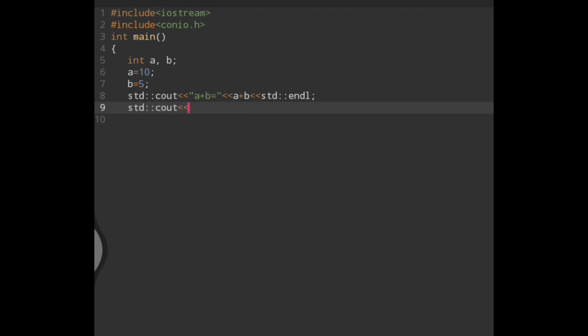Again cout with the minus operator, that is a - b, assignment operator, and then the insertion operator, a - b, and again I'm using the endl manipulator to move my cursor to the next line for the remaining program.